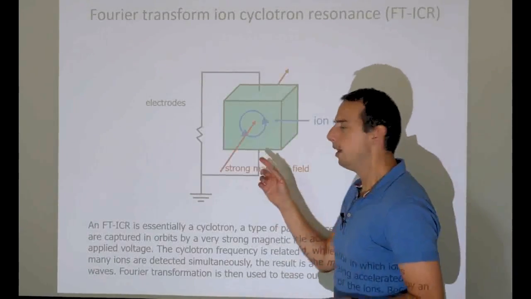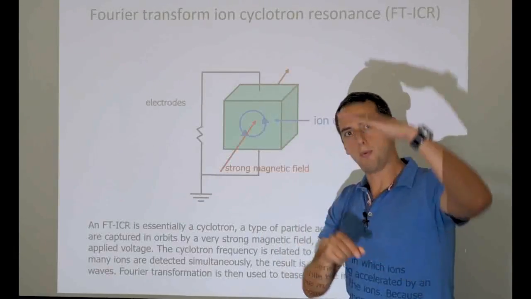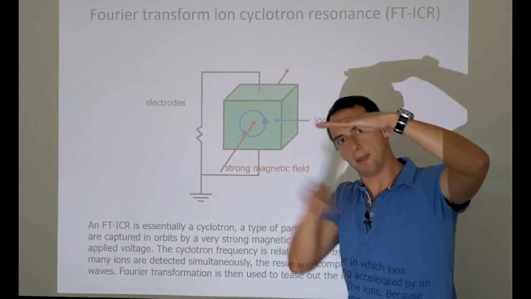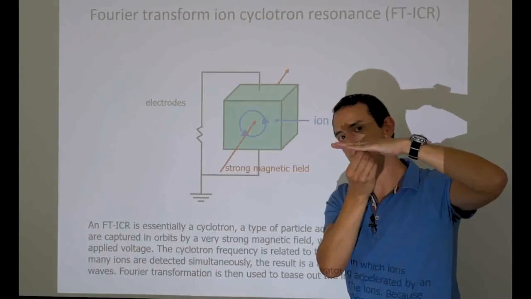You know what happens when you have an ion and it moves around in space? If I were to put a metal plate here and I move the ion next to the metal plate, I'm going to induce a current in this metal plate.